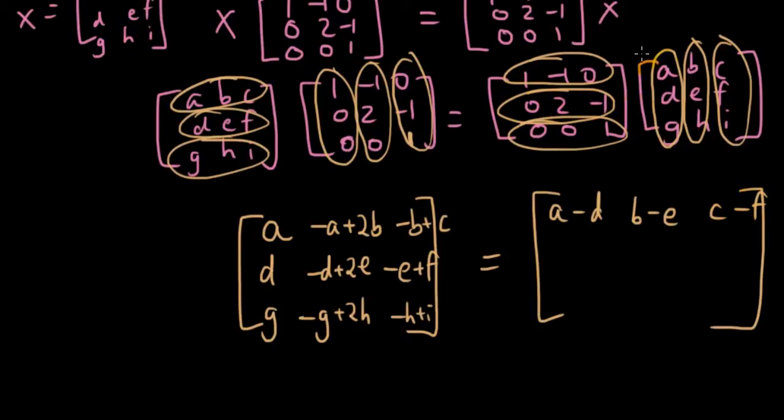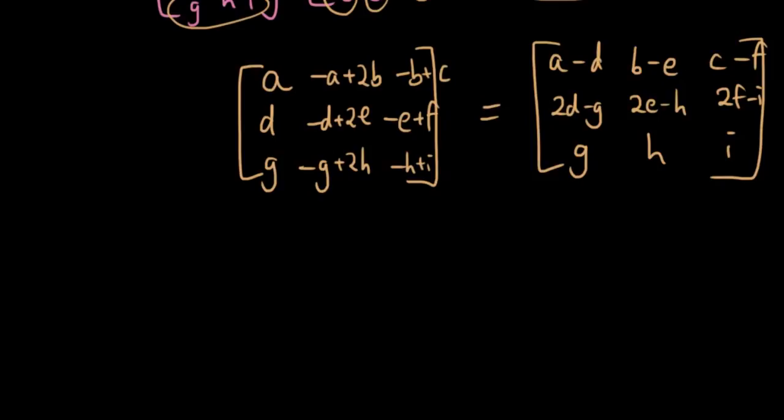Okay, and then second row first column, that's 2d minus g, and 2e minus h, 2f minus I. Third row first column, that's g, h, I.